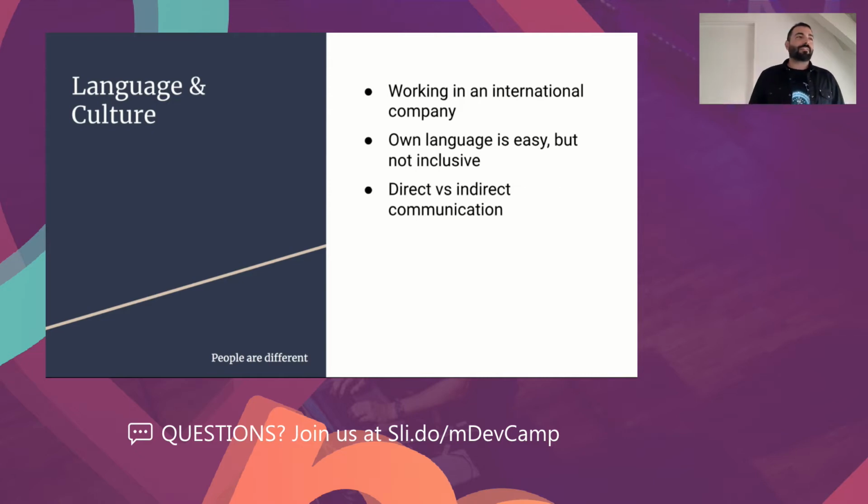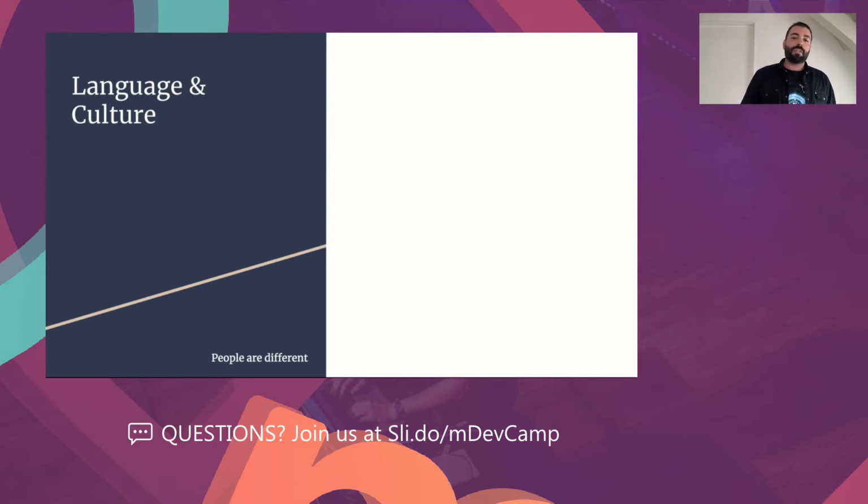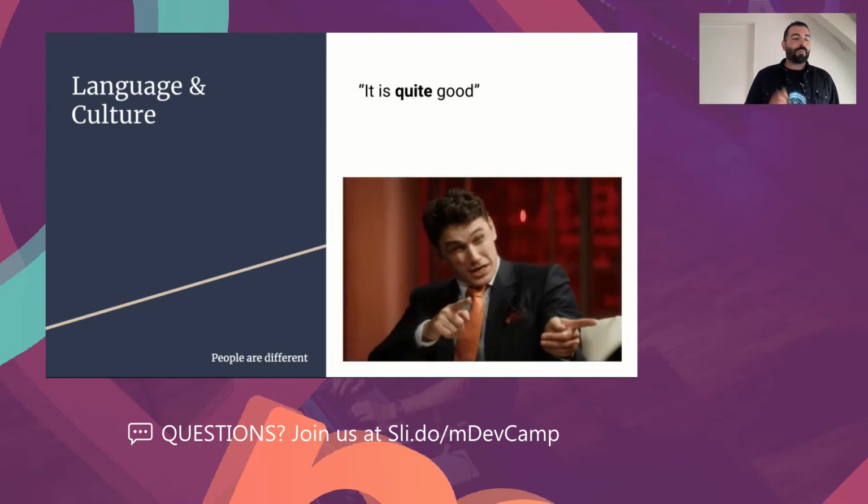But this might create a lot of conflicts, especially if it is written communication, because then you lose the whole impression, you mostly lose the intention, let's say. I'm going to talk a lot about this tiny sentence: it is quite good. What does that mean?